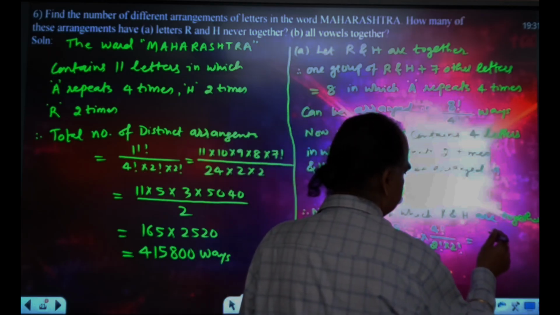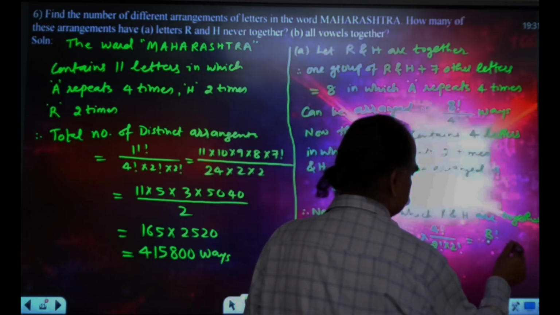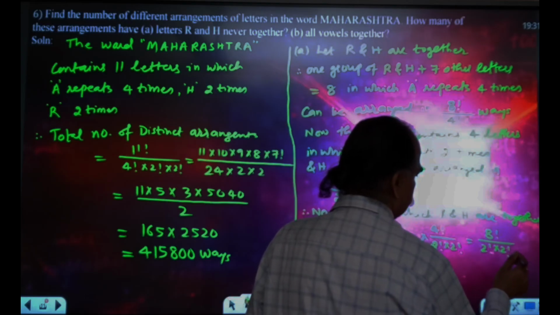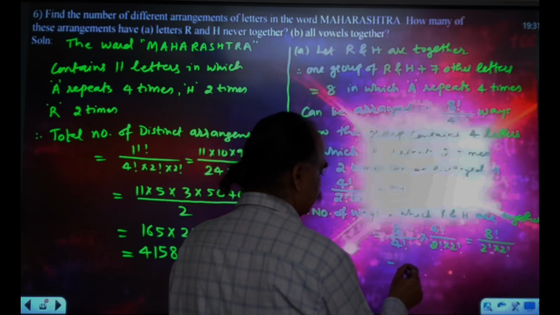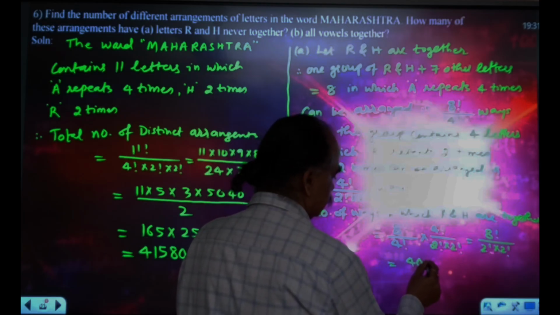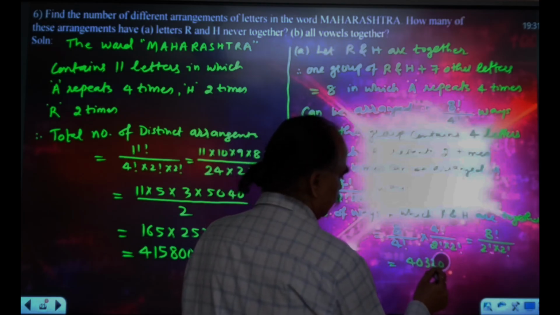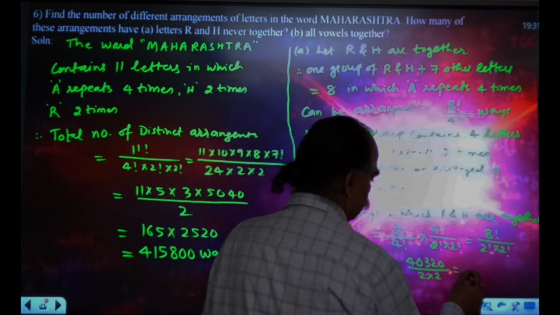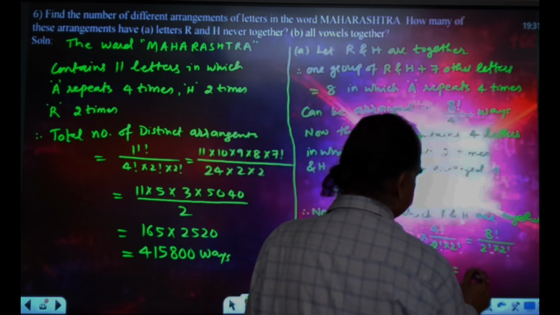8 factorial is 40,320, upon 24 gives 10,080.